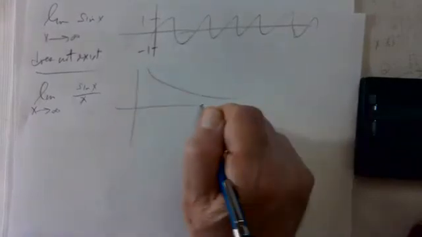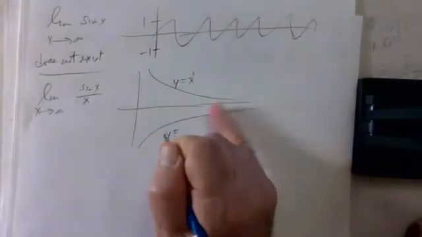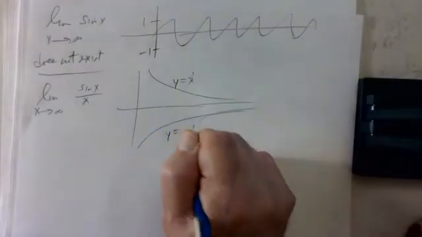What about the limit as x goes to infinity of sine x over x? That's interesting. So if we look at the graph, this is the graph of y equals 1 over x. This is the graph of y equals minus 1 over x.